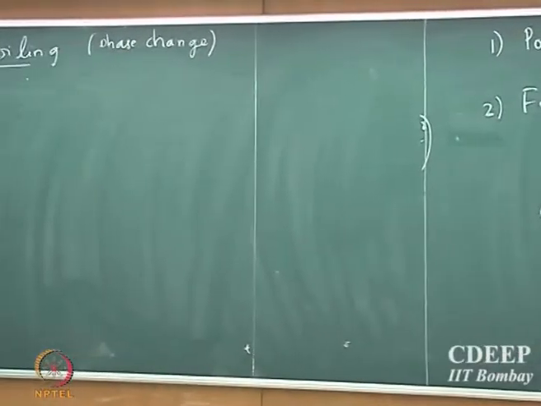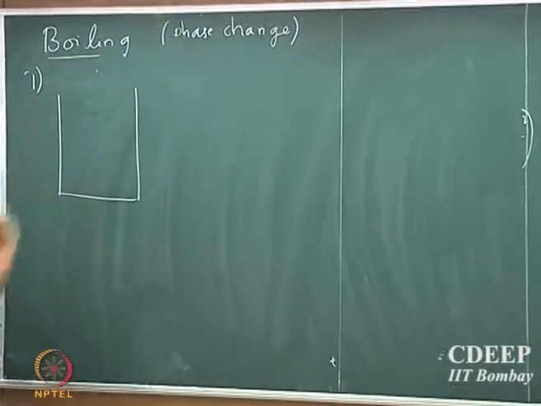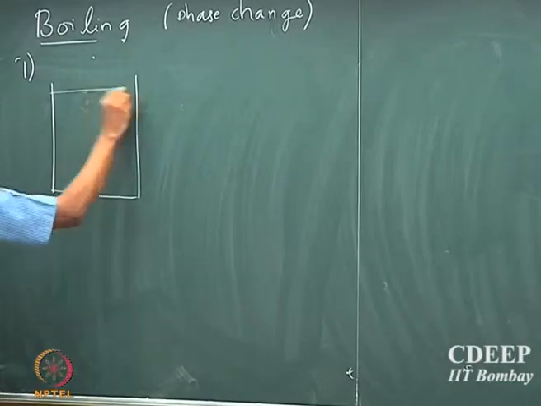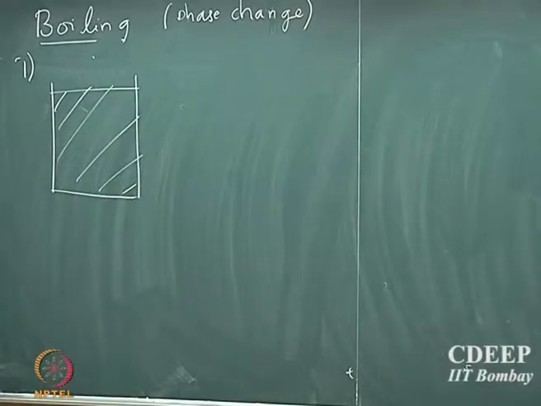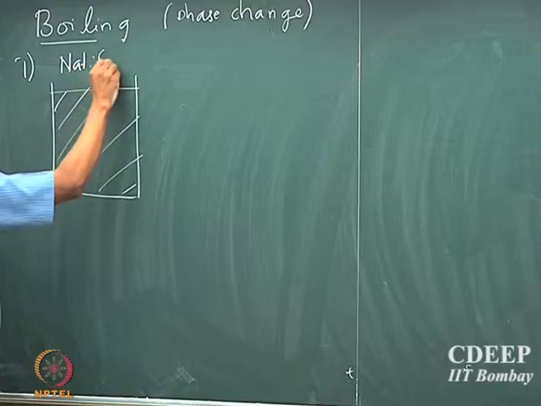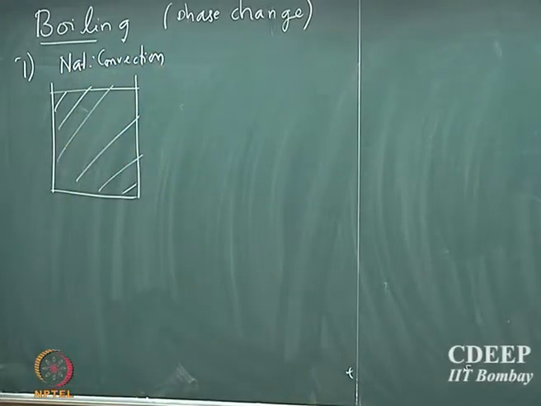The first stage, okay, suppose I take a beaker which is filled with a fluid, and there will be a certain temperature range. Till that temperature, the heat transport is only by natural convection.